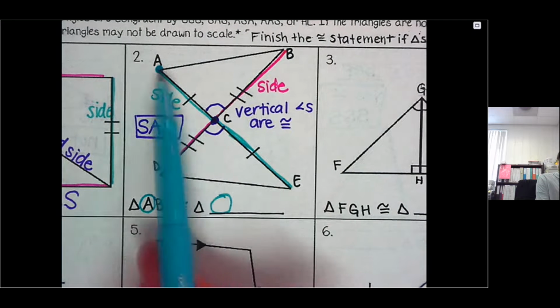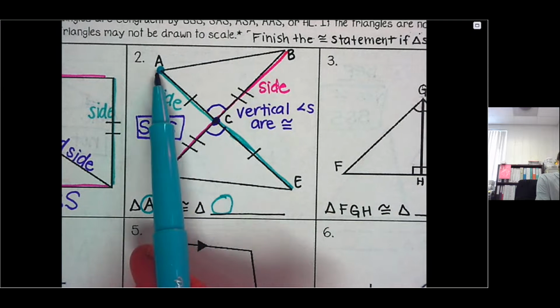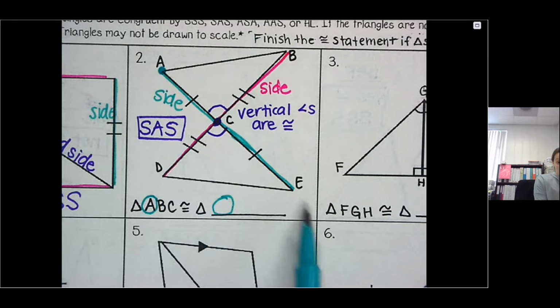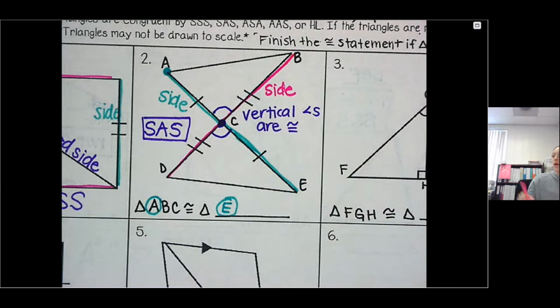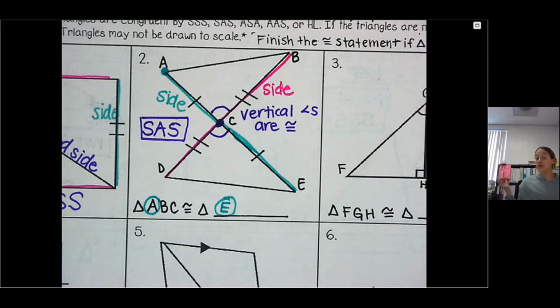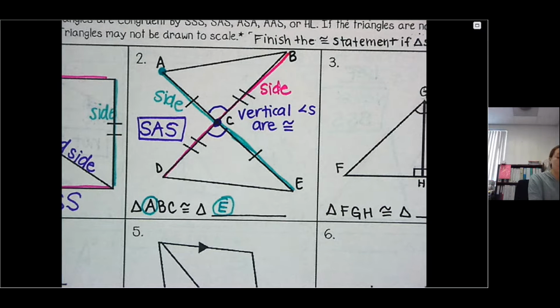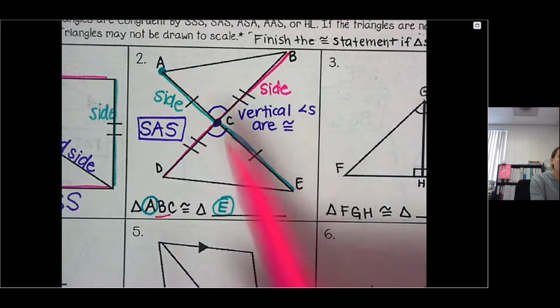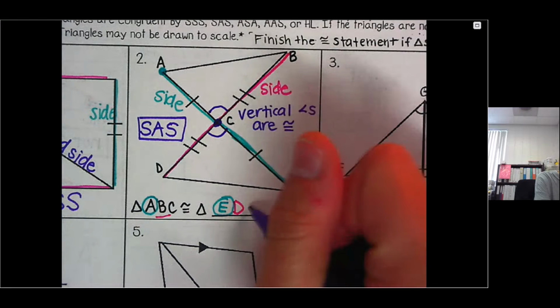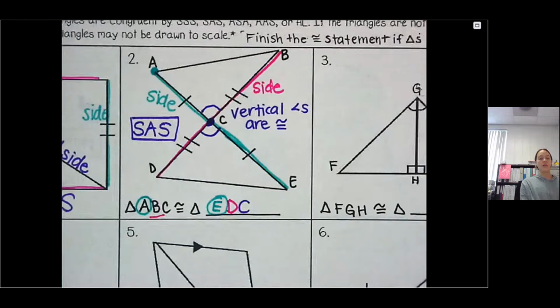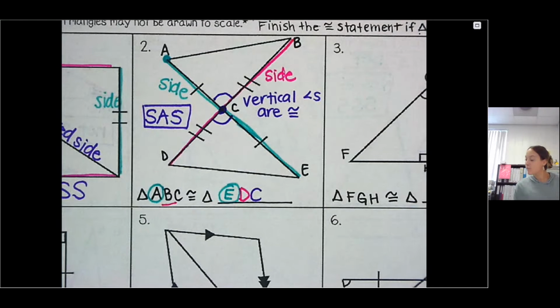Point A is on the one tick mark side. Which one's on the one tick mark side over here? E, yeah. You can also just follow your highlighting. That's why the colors are really good here, right? So B matches up with D, and then obviously C is at C. I know some of you did say it, but we had a little discrepancy. That's why I went through that one. And that's okay.